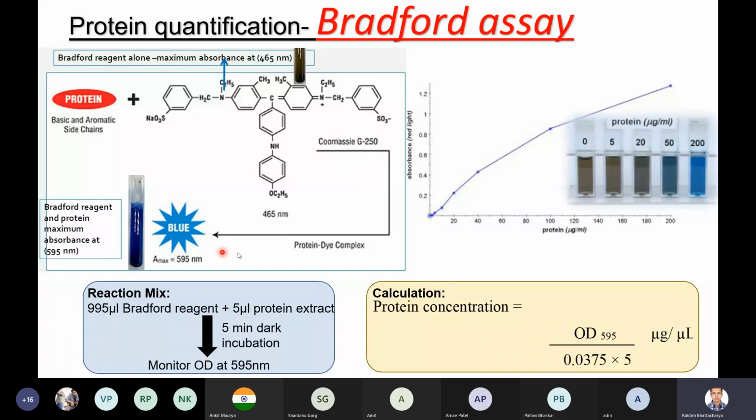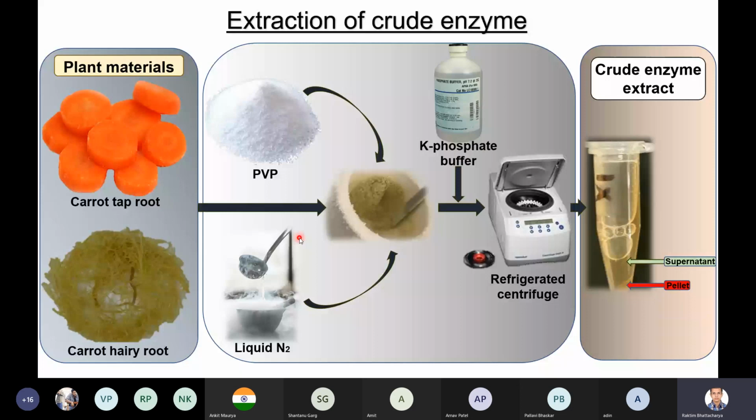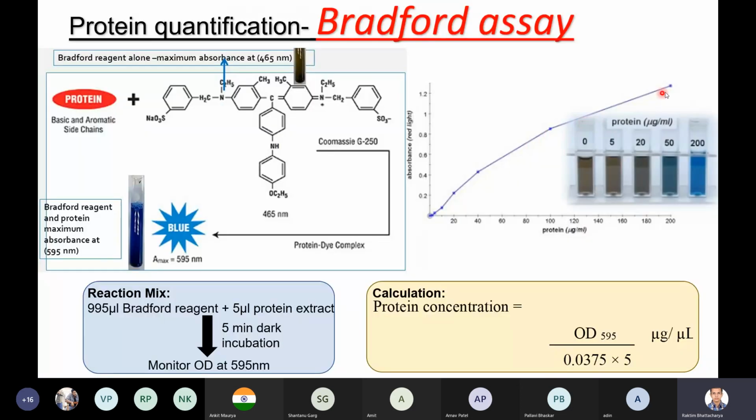This reaction is also monitored by, as I told you, spectrophotometry. The spectrophotometer is a very important tool for us now. Everything will be monitored by the spectrophotometer. The sample, this crude extract, will be mixed with the Coomassie Brilliant Blue, and after a 5-minute incubation period, the reaction will turn blue.